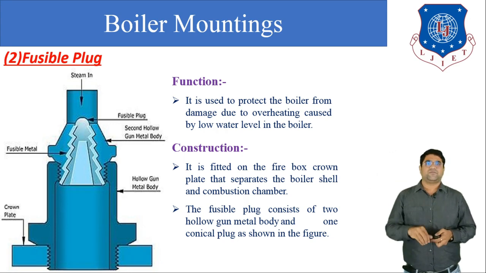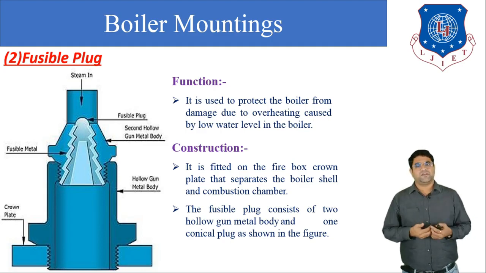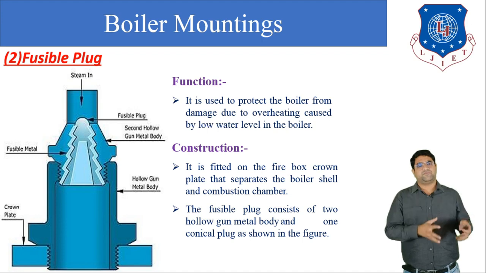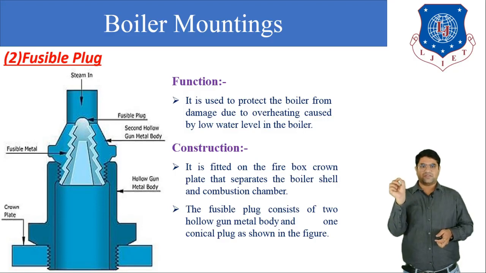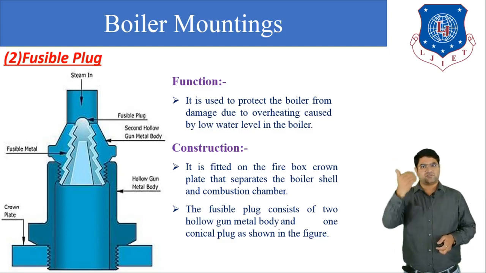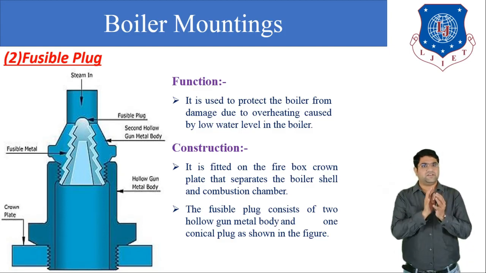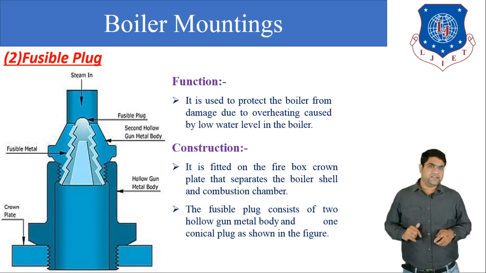So there is a chance of overheating of the fusible plug, and if it is overheated, there is a chance of damage to certain parts of the boiler. So to avoid the overheating, the conical plug will fall down, and a space is created between the firebox and the outer steam. Steam will rush to the firebox and put out the furnace, and ultimately overheating can be eliminated.